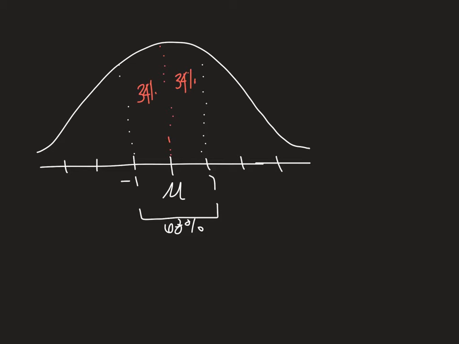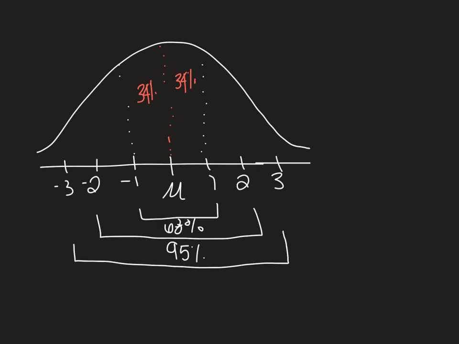You should remember 68, 95, 99.7 because then you can come up with the pieces from there. So 2 standard deviations away is 95% of the data. And within 3 standard deviations, 99.7% of the data.